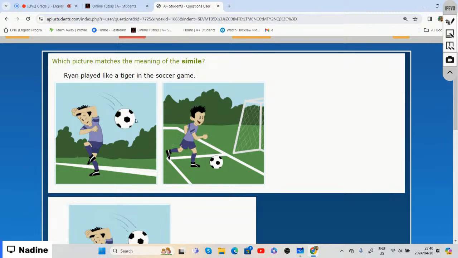All right. And here we said that Ryan played like a tiger in the soccer game. So, like a tiger, right? Ryan played in the soccer game. And if we think of the characteristics of how a tiger is, a tiger is also, we can say, fast.